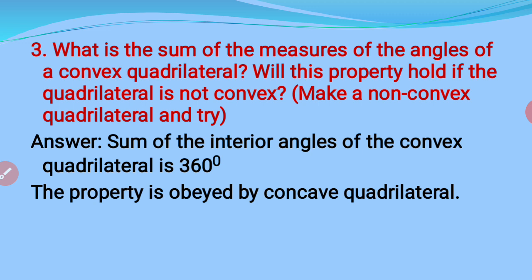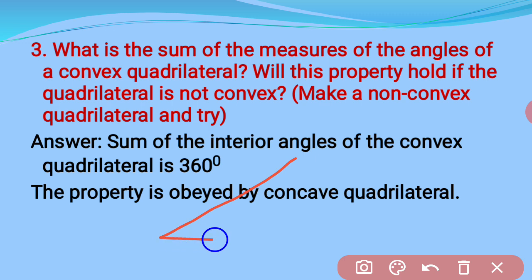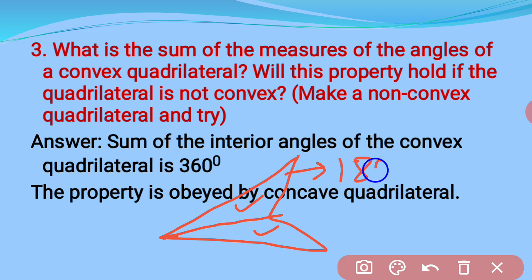Here you are told to make a non-convex quadrilateral and give it a try. So, if I draw a non-convex, that is concave, quadrilateral, and join one of the diagonals, we get two triangles, and the sum of all the interior angles of a triangle is 180.